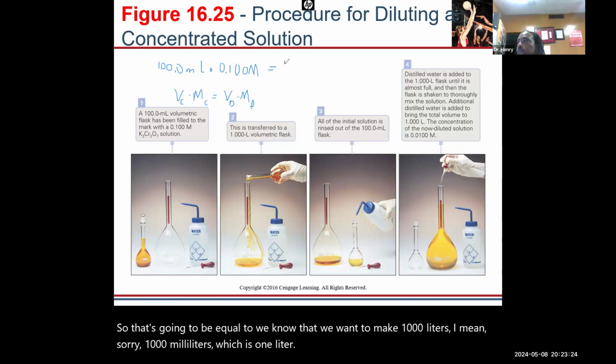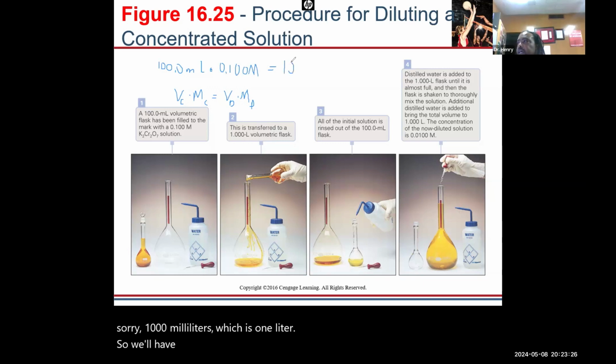So we'll have 1,000 milliliters times our M dilute. Okay, so then we do the math.